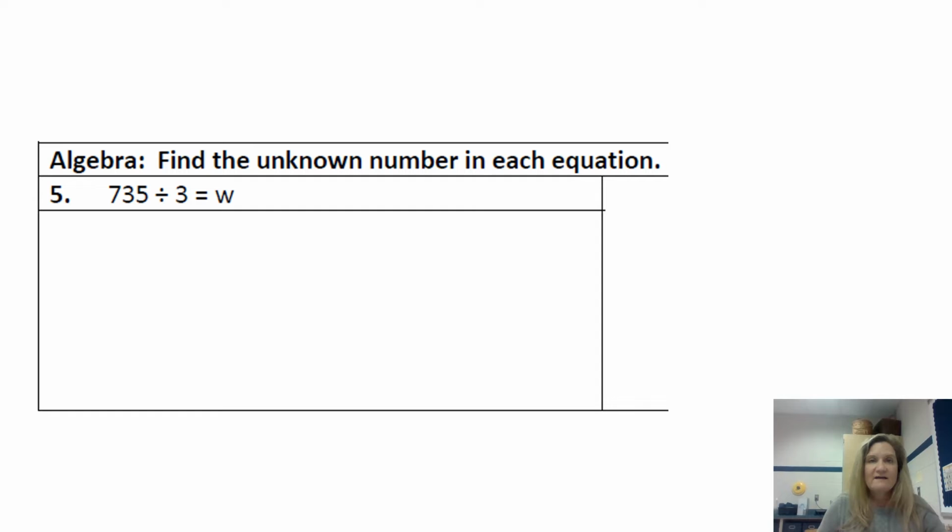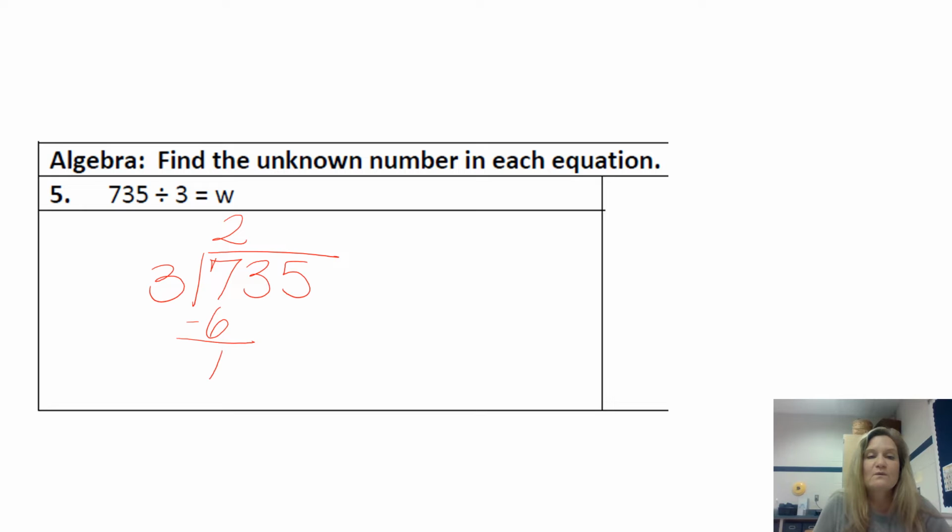Question number 5, and the directions for this are for 5 and 6. Algebra. Find the unknown number in each equation. Well, basically, this is just dividing, okay? So we have 735 divided by 3. 3 can divide 7 2 times. 2 multiplied by 3 equals 6. Subtract, you get 1.